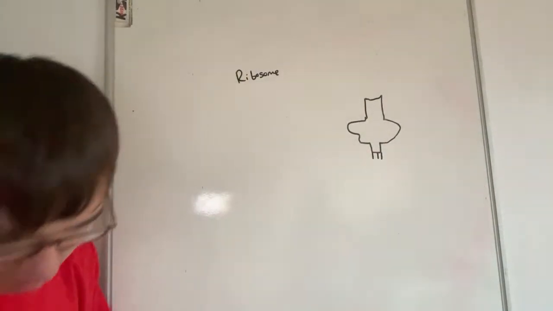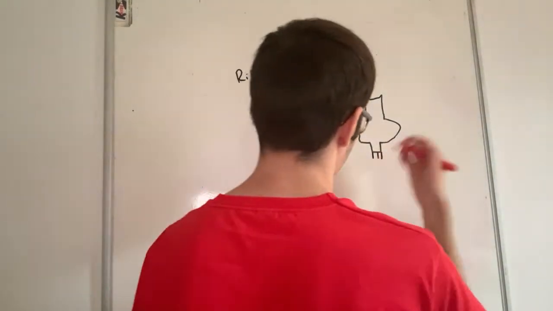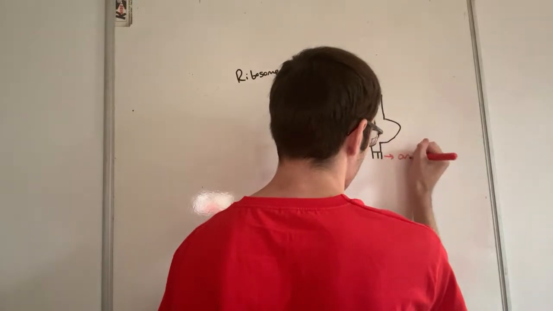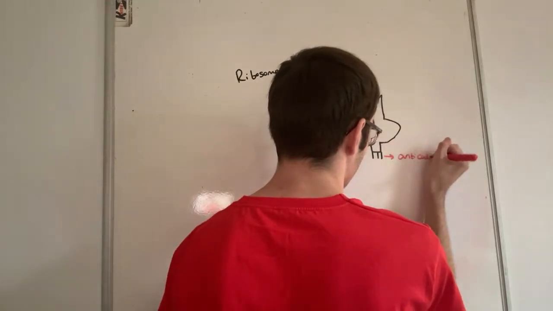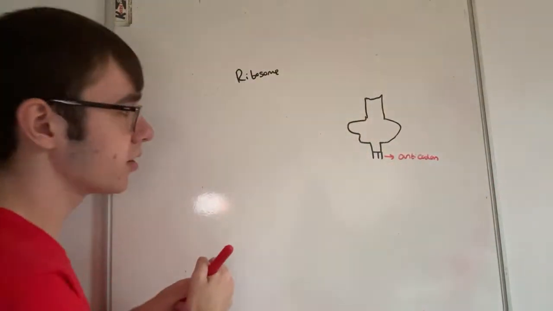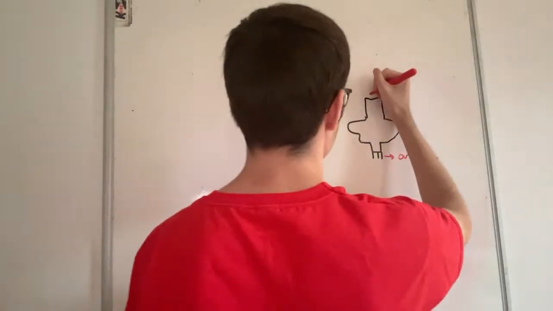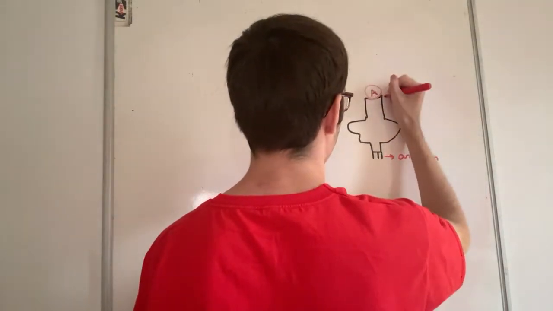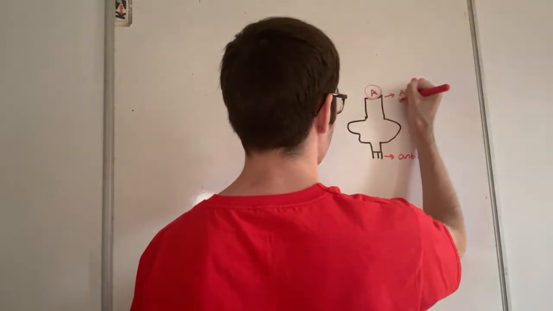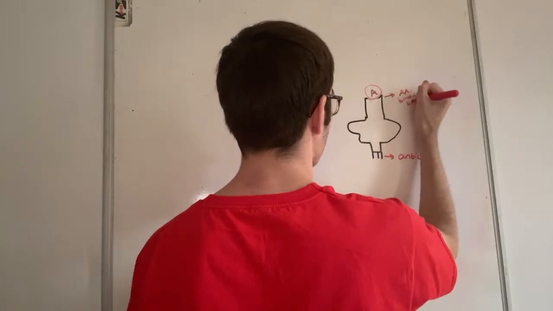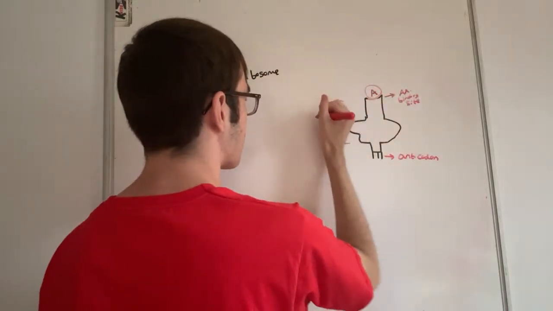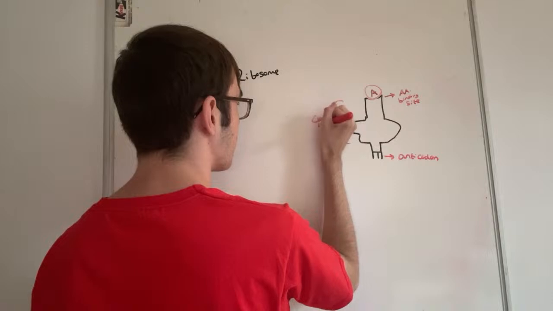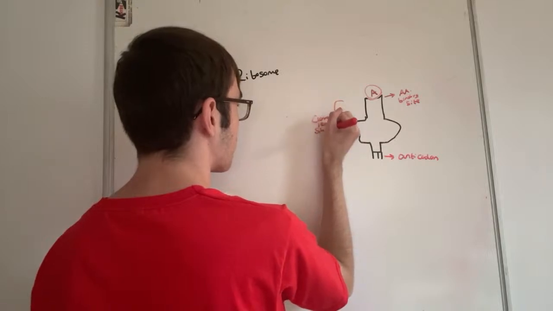The structure of this, though, you can easily talk about. You can talk about this being the anticodon. You can talk about this being the amino acid binding site. Or overall, you could talk about its clover leaf shape.